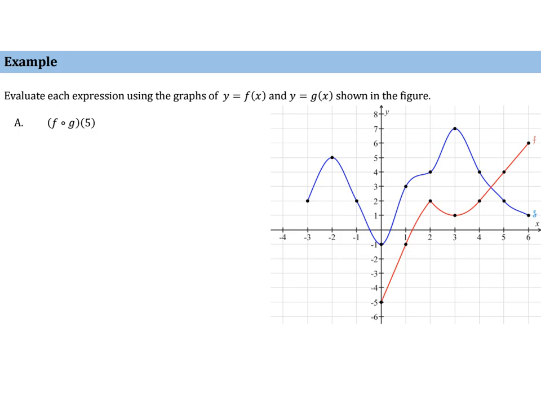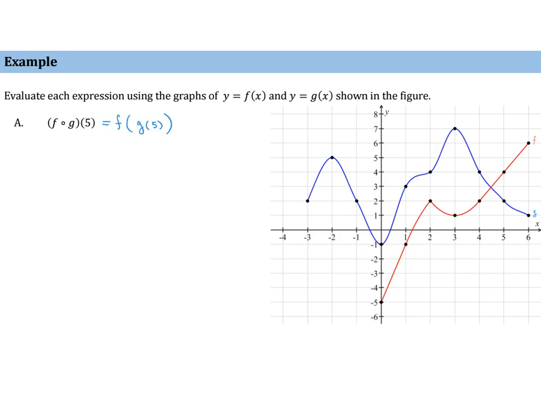So let's find f of g of 5 based upon the graphs. So let's go ahead and write down what f of g of 5 means. This is f of g of 5. So let's first focus on g of 5. This means that we are going to take 5 and we are going to put it into g.